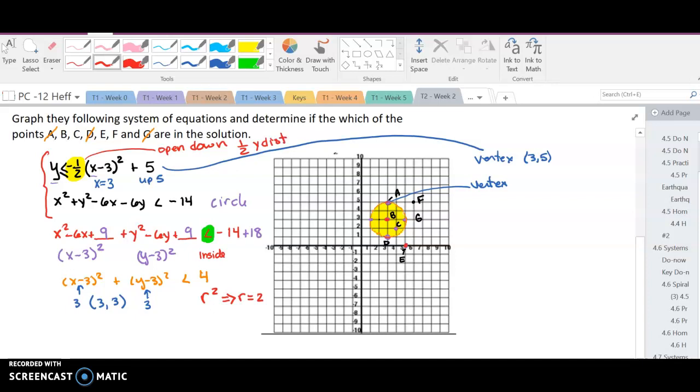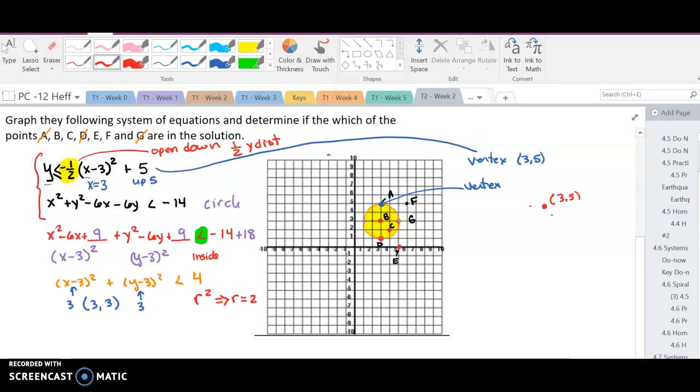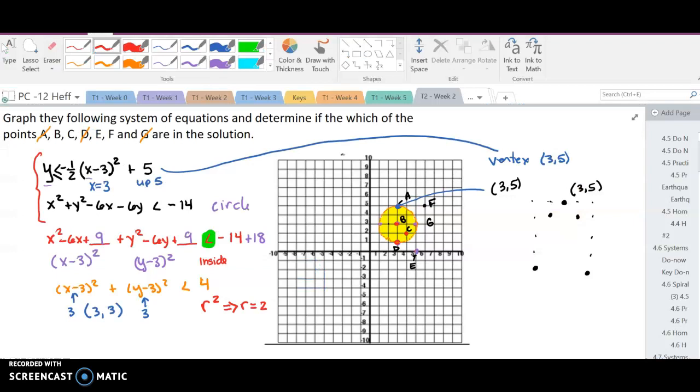So what I'm going to do over here is just flesh out what this would look like. If this is the point 3, 5, normally I would go over 1, down 1. So if I had just a negative 1 here, just a negative sign, that would mean I would open down, but I'd go left 1, down 1, right 1, down 1, over 2, down 4, left 2, and also down 4.